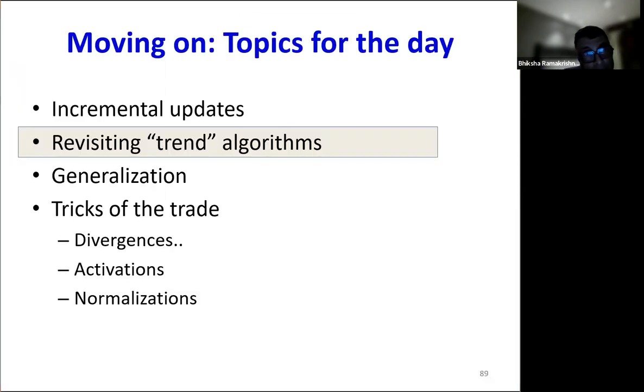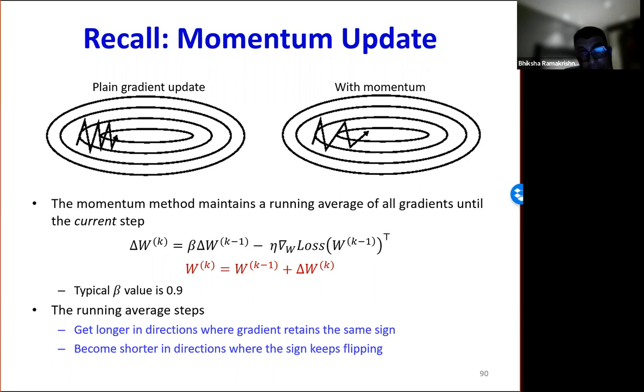In the case of batch updates, you're always representing the entire batch, so it's a little more consistent. Here you have this additional noise because at any point you're only looking at some of the training data. So the variation in gradients across iterations can be greater. And that means you're going to have greater need for techniques that smooth out the variations in gradients. For this, the momentum methods that we looked at in the last class end up being a lot more important.